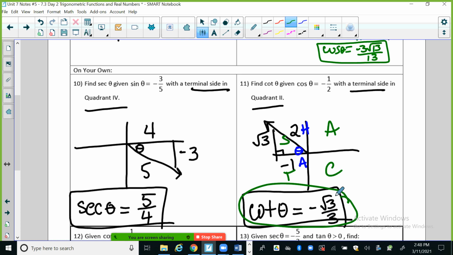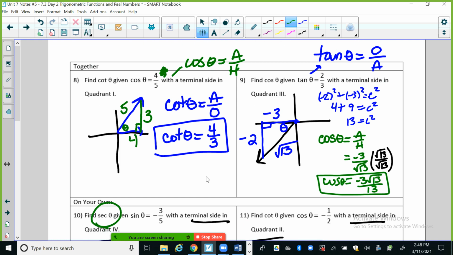Or if we're looking at number 10, since we're in quadrant 4, secant should be positive because cosine and secant are the only positive ones in quadrant 4. So if you don't want to have to worry about filling in positives, negatives on your triangle, just make sure you double check. Since I'm in quadrant 3, tangent is the only one that's positive, so cosine better be negative.